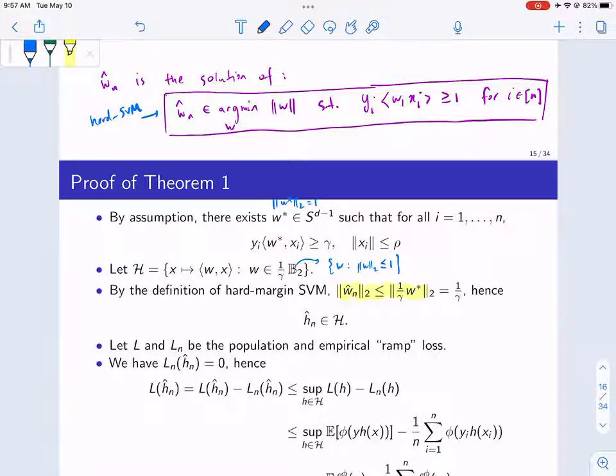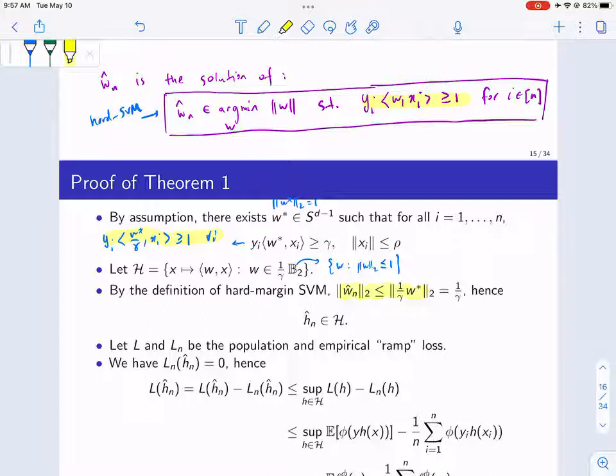Yeah. So if you divide both sides of this, we have y_i w star over gamma x_i is bigger than or equal to 1 for all i. And so you can see, compare this with this one, you can see that w star over gamma is a feasible solution, and w hat n is an optimal solution.